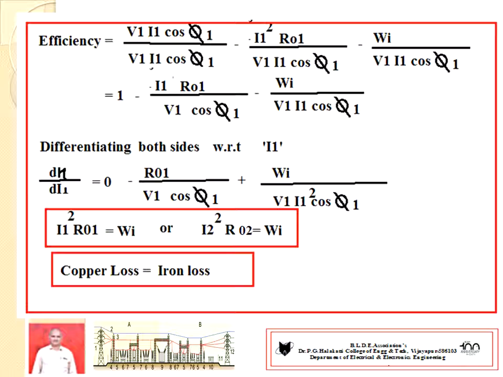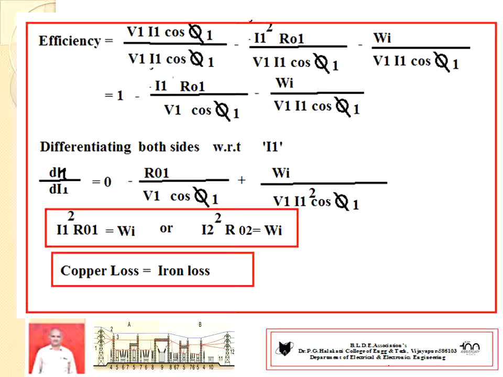Each term is divided by V1 I1 cos phi 1. Then solving that, it becomes 1 for the first term, for the second one I1 cancels, giving I1 R01 divided by V1 cos phi 1, minus Wi divided by V1 I1 cos phi 1. So this is the efficiency expression in general.